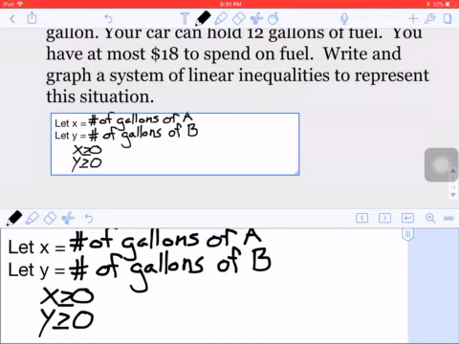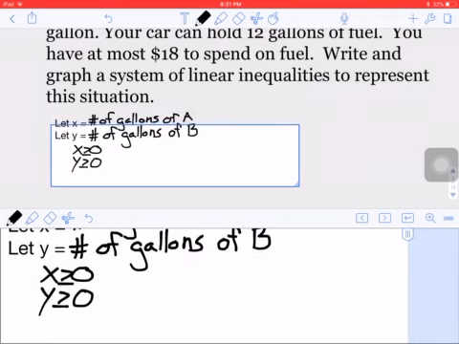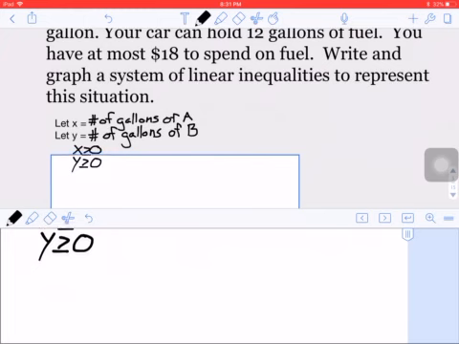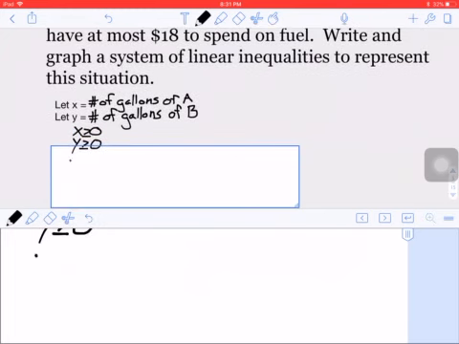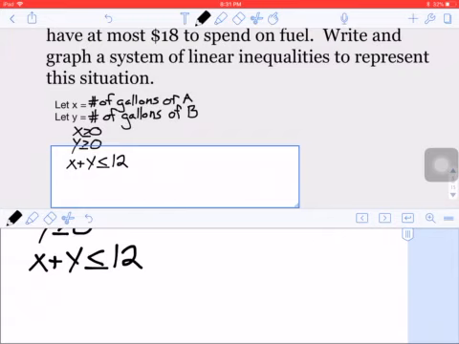And then our third thing is, since we know our car can hold 12 gallons of gas, the X and Y combined, or adding them, can be less than or equal to 12, but it certainly can't be more than 12, okay? And you can certainly have less than 12 gallons of gas. In fact, that's the reason why you need to get more gas, is your tank is not full. So that would be our first inequality.